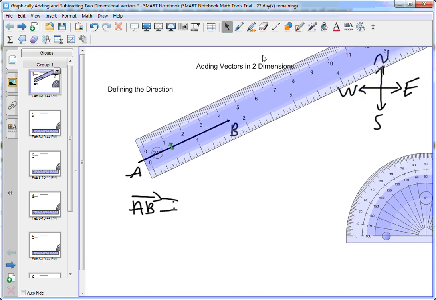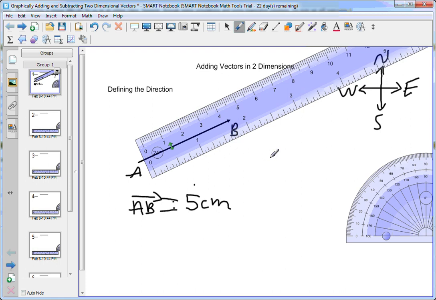So it is line segment AB equals 5 centimeters. Now the direction. It was 24.5 degrees north of east, right?